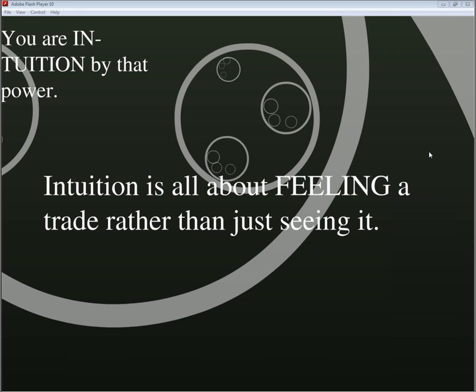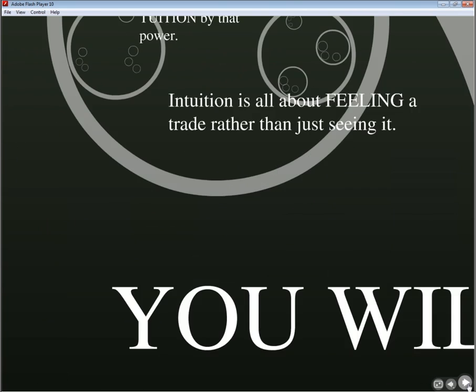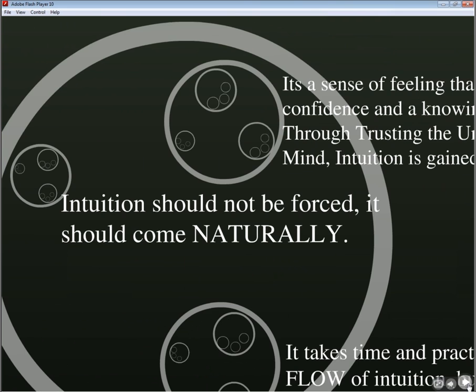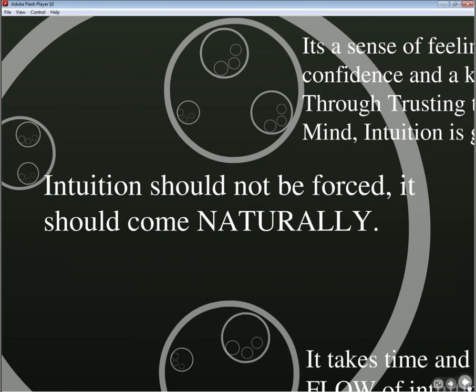Sense the feelings within the body, bodily sensations that give you a hint or a clue as to what to expect. So remember, intuition is a feeling. You won't get that feeling by looking, by seeing and hearing things.